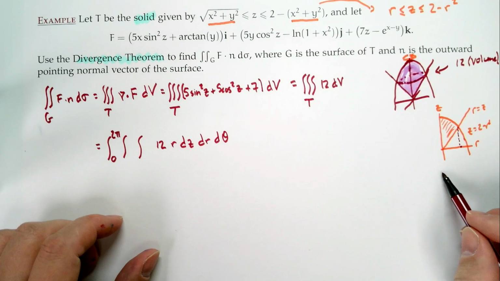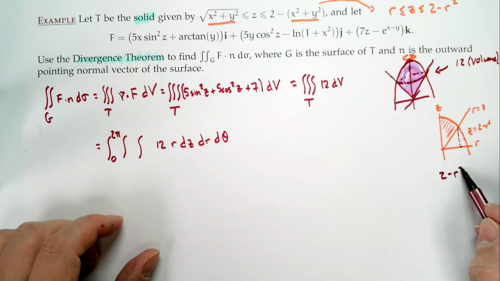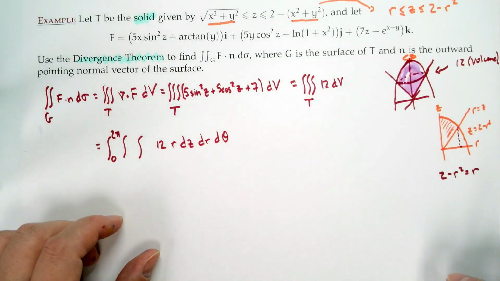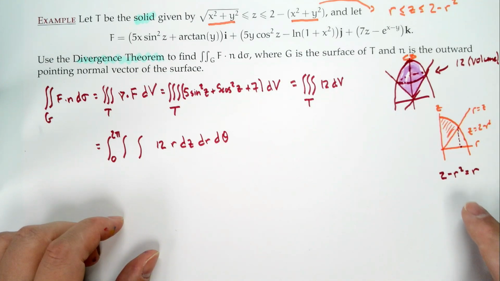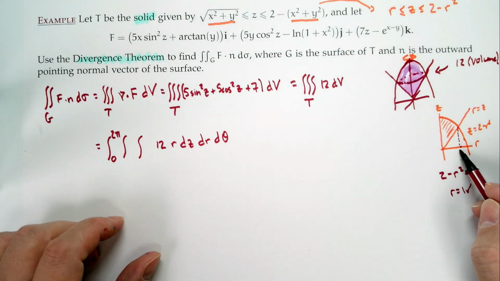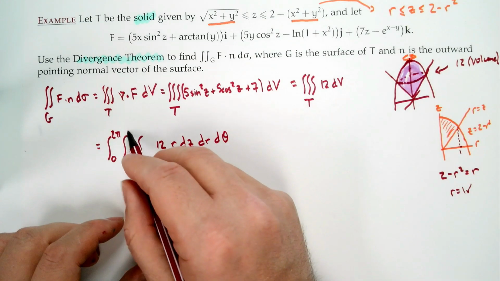So in other words, when does 2 minus r squared equal r? I'm setting these two curves equal to each other. Now, we could just hum and haw, or we could just say, oh look, I see a guess, r equals 1. And a guess is good enough if you check it. So there, I checked it. Boom, check. If you weren't sure, you could also move everything to one side and factor. So that tells us that r goes between 0 and 1.